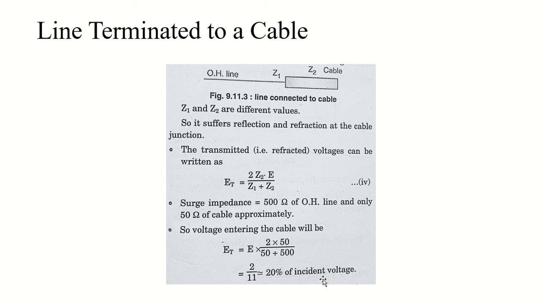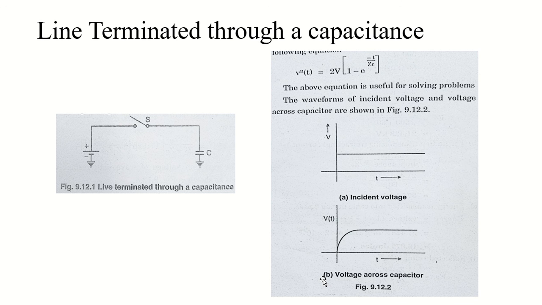Now except for these, there are one or two other interesting phenomena, like a line that terminates through a capacitance, right? See this image, the image on the left hand side, and consider the capacitance connected at the far end of the line, and the line has a DC surge of infinite length traveling through it, right?